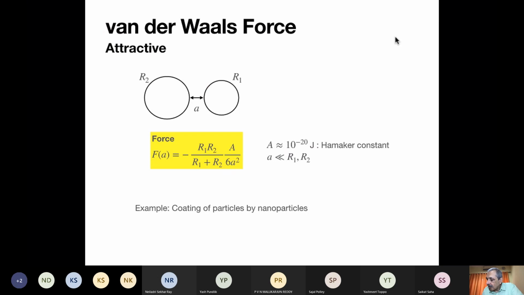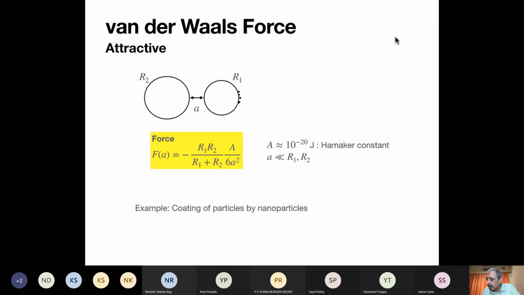And of course, these kinds of forces are very important. This is one application that is now becoming important: say you have large particles and you want to put a coating of much smaller particles on them, let's say nanoparticles. For those particles to stick on the surface, they stick by the van der Waals force.